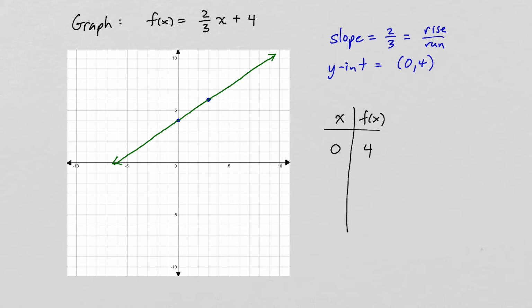Now, I could pick x equals 1 or 2, but actually what I want to choose is x equals 3. The reason I'm picking 3 is because when you plug the number 3 into the function, you get 2/3 multiplied by 3 plus 4. And what's nice about this is the denominator 3 cancels with this number 3 here, and you end up just getting 2 plus 4, which is 6.